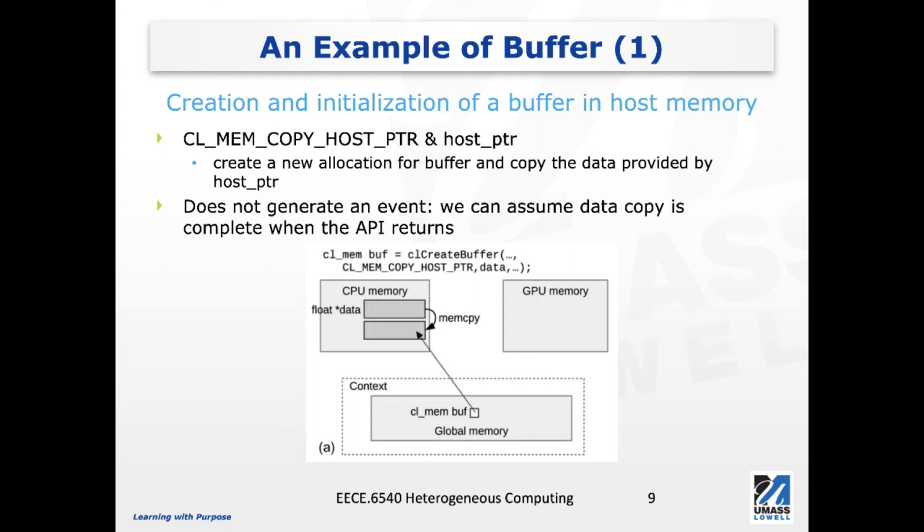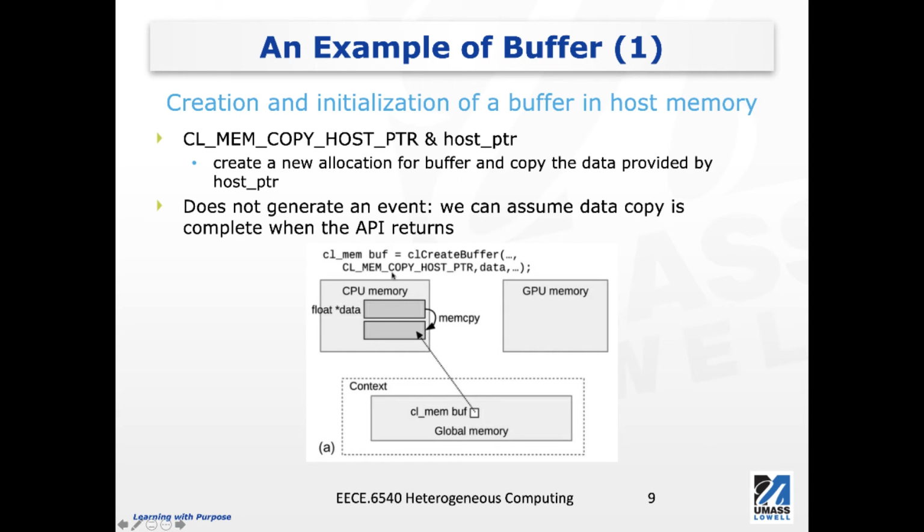What we see in this diagram is the context in which we are performing this buffer creation operation. Because this is a clCreateBuffer API, the goal of this API call is to create a memory object called buffer. This memory object is going to be in global memory that is accessible to all the devices.